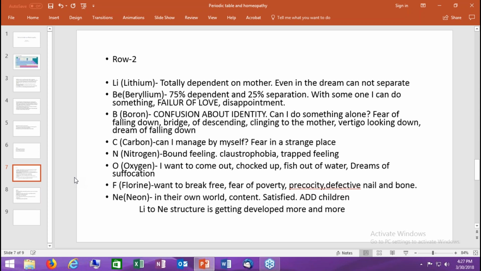So, symptoms we find: fear of falling down, fear of descending down, fear of crossing a bridge, always clinging to the mother. There is a vertigo while looking down, or even there are dreams of falling down.